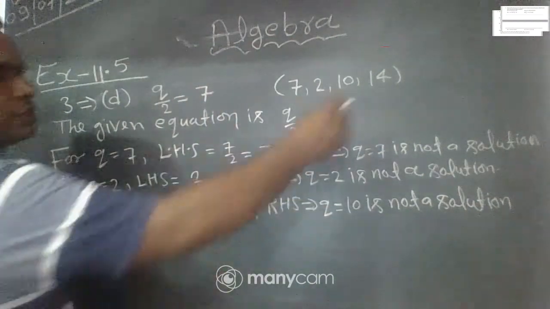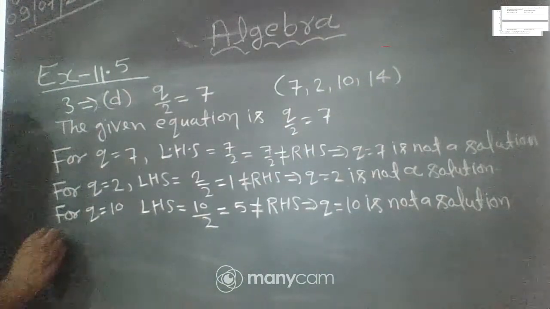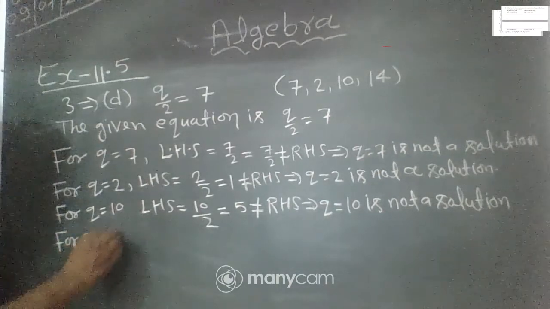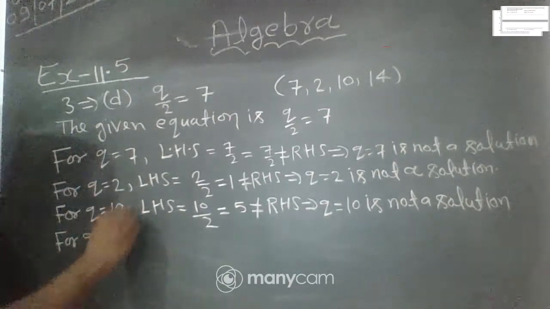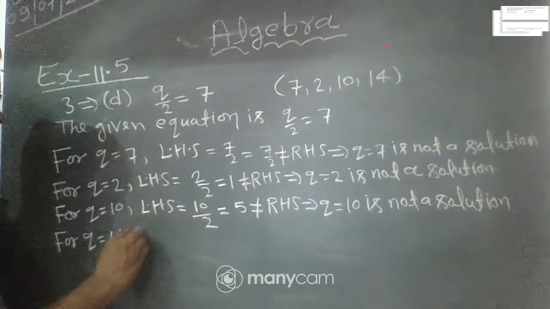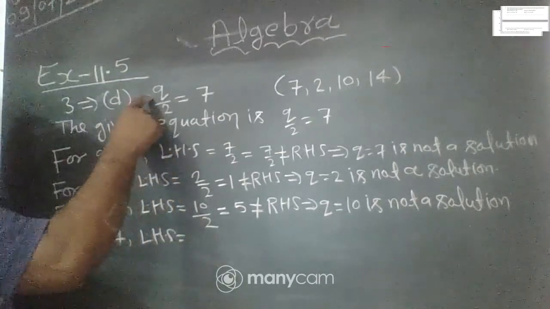This is the last number, 14. So we can write here, for q is equal to 14, the left hand side is q by 2.